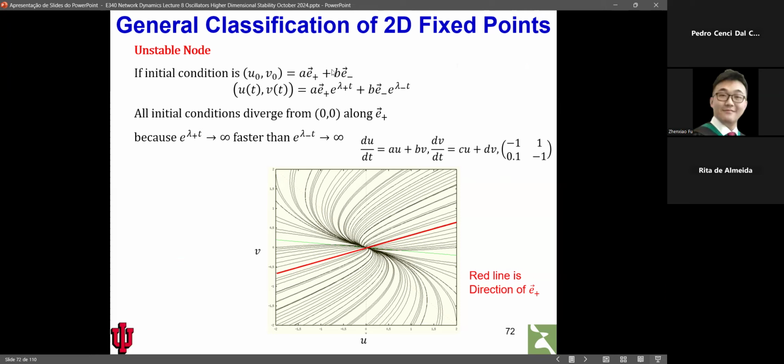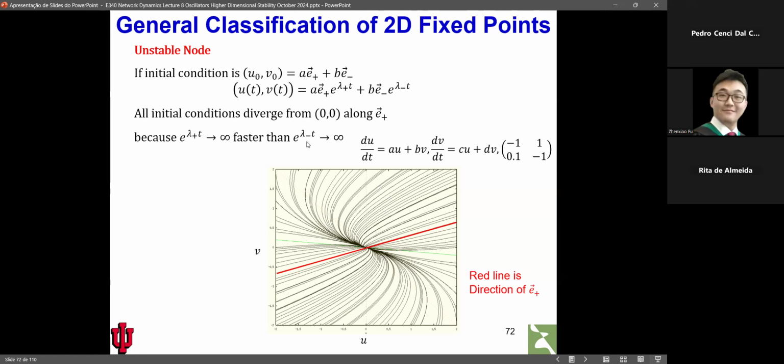You have the initial condition here, with U and V, which is the evolution. Our initial conditions diverge from 0, 0 along E plus. And because lambda plus goes to infinity faster than lambda minus, they are going to infinity in this way.